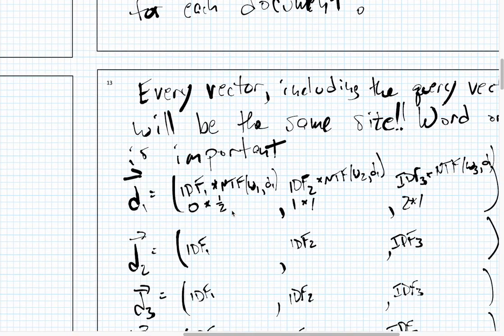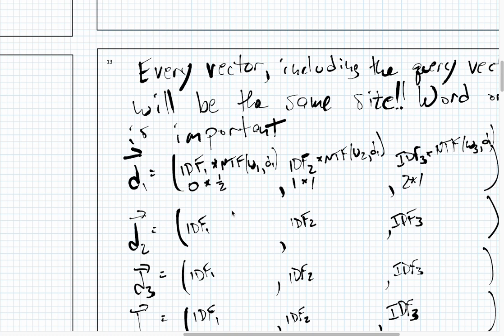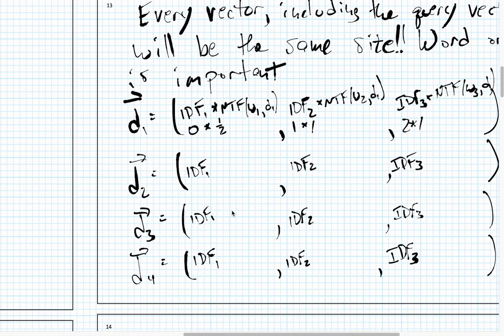Now we can go ahead and figure out all these other ones here. Let's fill in a few things here. First of all, we just know that this is going to be 0 times something, 0 times something, 0 times something. This will be 1 times something, 1 times something, 1 times something, 2 times something, 2 times something, 2 times something, and 2 times something.